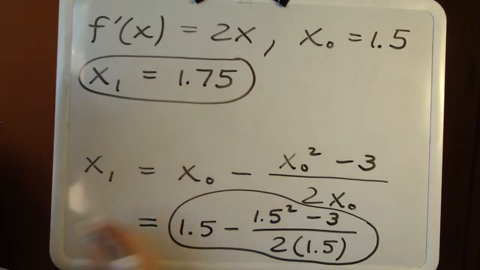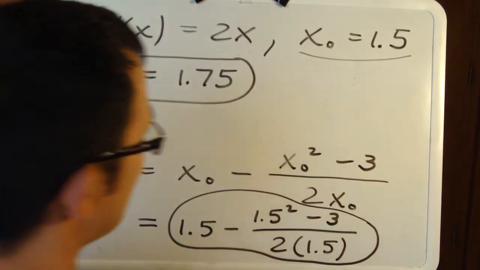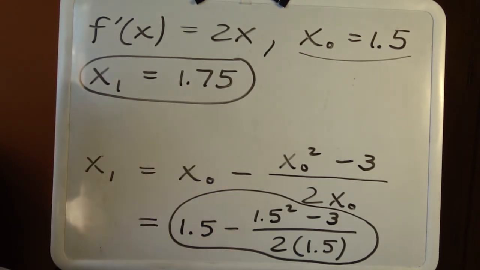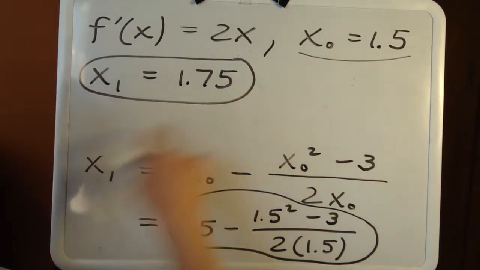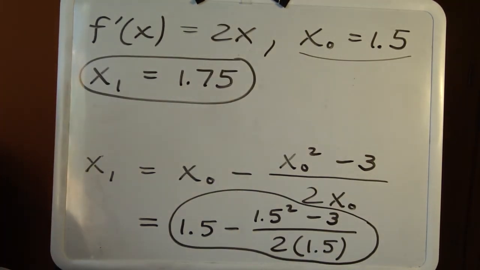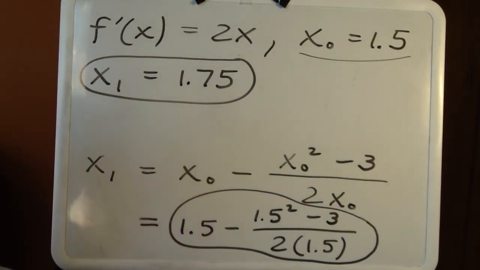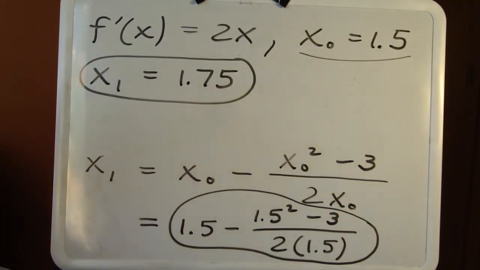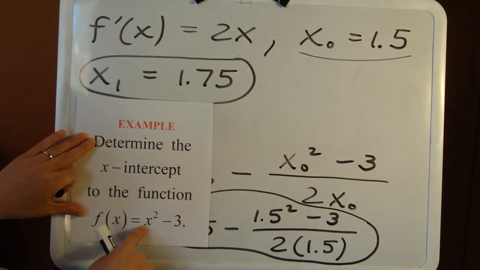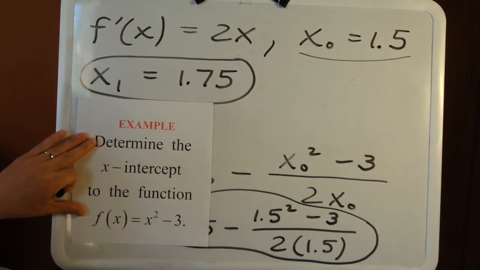It makes sense that if you make an initial guess, when you calculate your first value, you're going to see some movement. So 1.5 has changed to 1.75. In theory, this is saying that 1.75 will better solve the equation than 1.5. So if you come back to your problem, 1.75 squared minus 3 is going to be closer to equaling 0 than 1.5 squared minus 3.